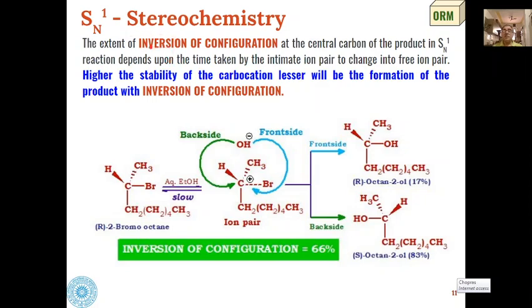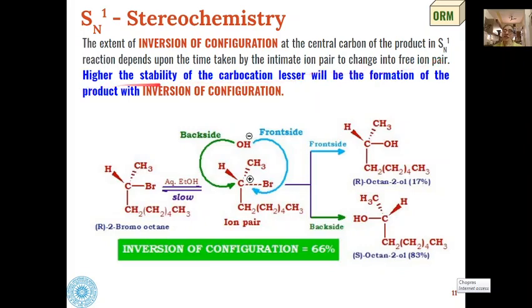This extent of inversion of configuration will depend upon the time taken by the intimate ion pair to change into a free ion pair. As I have already told you, it takes some time to change from intimate ion pair to free ion pair, and during that time the attack will be only from the back side. So if our carbocation is highly stable, it will take less time to change from intimate ion pair to free ion pair.